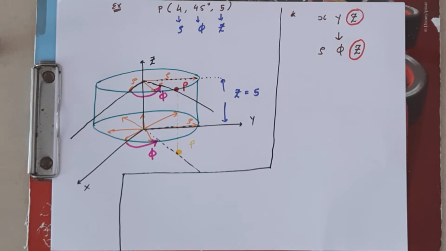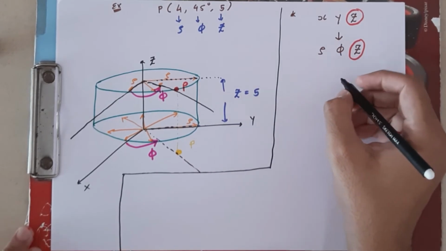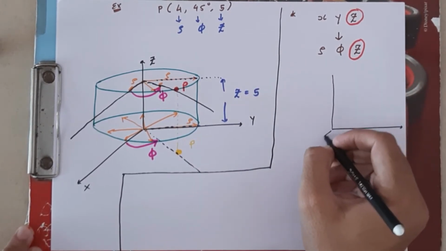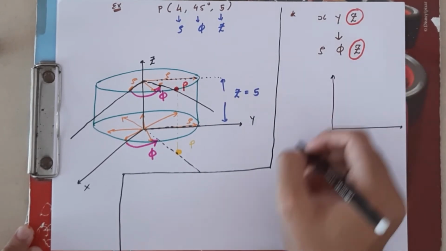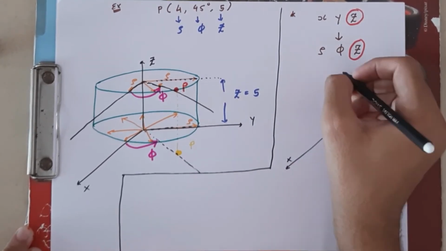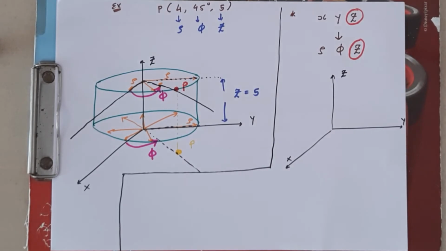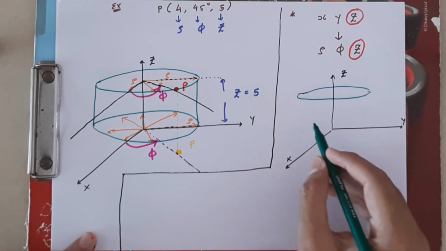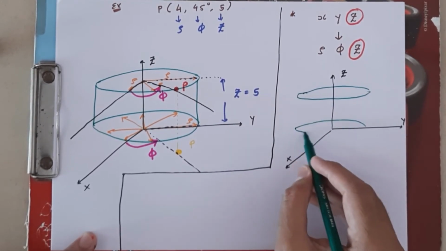So how to relate it? We just have to apply the trigonometric concept. It's very easy. Again I have to draw the cylindrical coordinate system so you can easily understand it. What is the relationship between x, y, z and rho, phi, z? I have to draw x, y, and z again here. This is the cylinder. Then we apply a simple trigonometric concept.